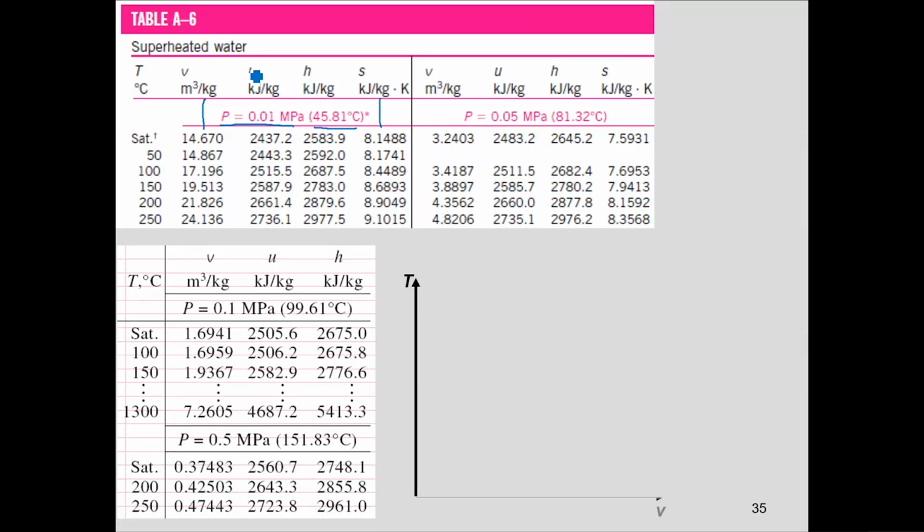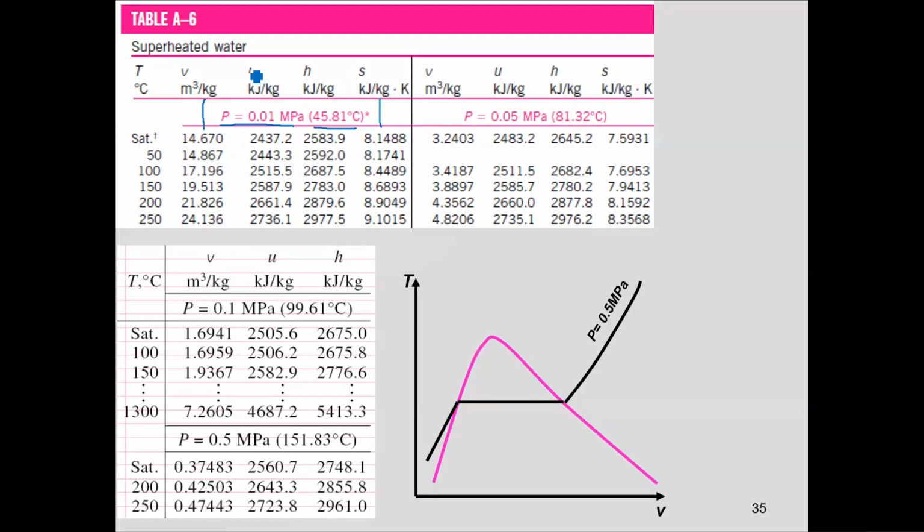For instance, I have this temperature-specific volume plot and I say that my pressure line is 0.5 megapascal. So for 0.5 megapascal, I'll go to the table which says 0.5 megapascal, and the temperature written in the bracket is my saturation temperature. 151 is my saturation temperature.